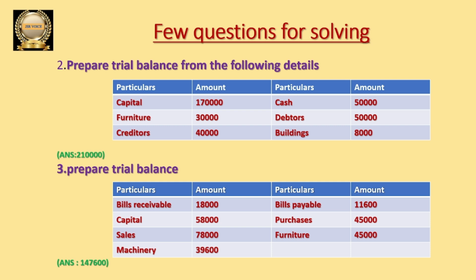With these items you prepare trial balance by applying the debit and credit rules of trial balance, and you should get 1,47,600 as the answer. If any doubts, you can mention them in the comment section and I will reply.